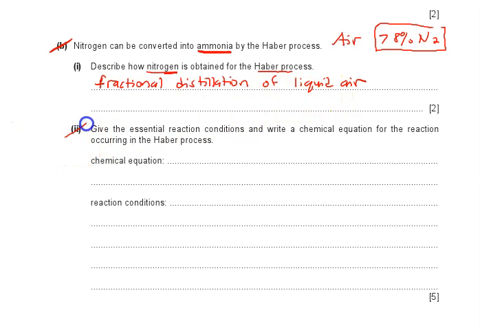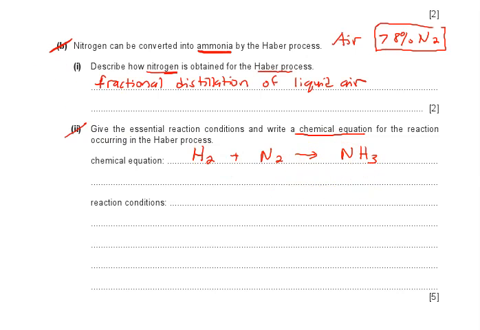Now let us look at number 2. Give the essential reaction conditions and write a chemical equation for the reaction occurring in the Haber process. So in the Haber process, you will have hydrogen and nitrogen, and they will form ammonia.